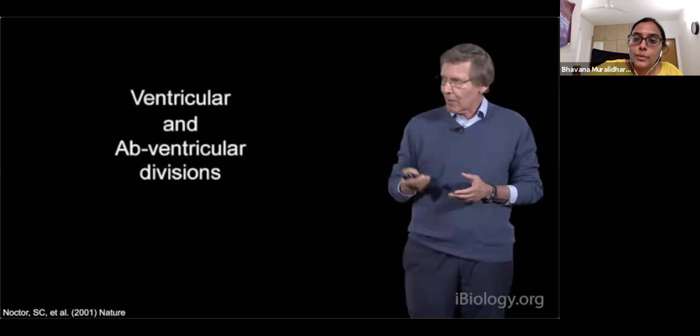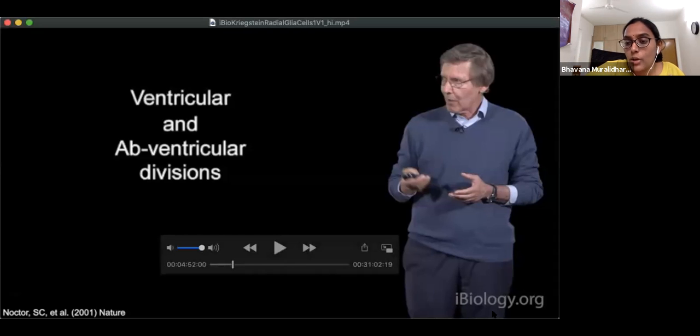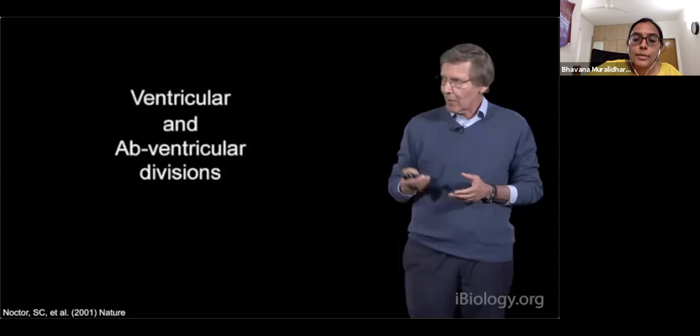So he has a video on the iBiology.org website. I highly recommend you watch it, but I'm going to show you a portion of the video so that you can appreciate how these cells divide.